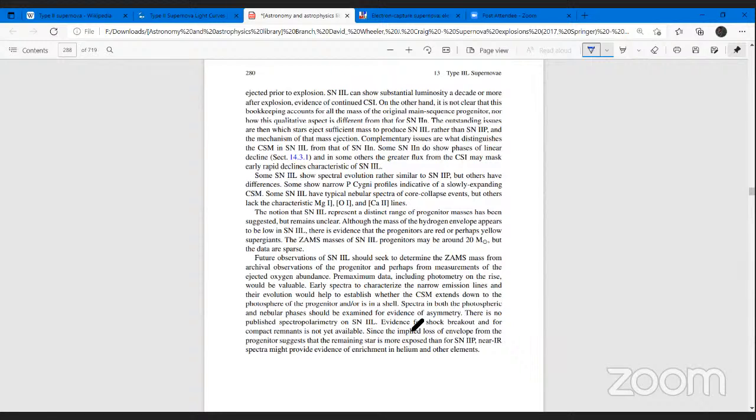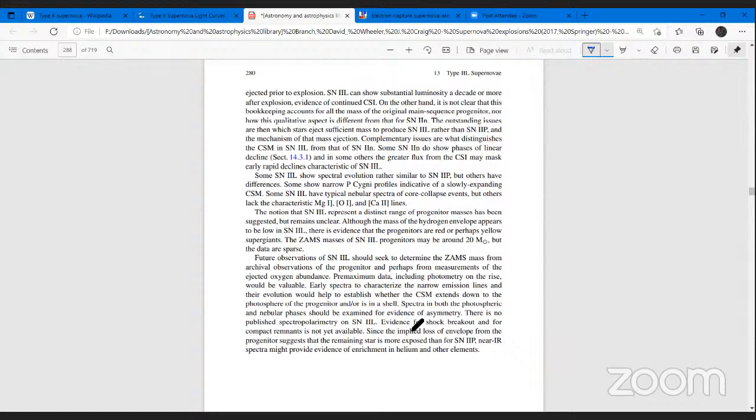The ZAMS masses of the type 2L progenitors may be around 20 solar masses, but again the data is sparse. Future observations of this supernova type 2L should seek to determine the ZAMS mass from observations of the progenitor and perhaps from measurements of the ejected oxygen abundance.